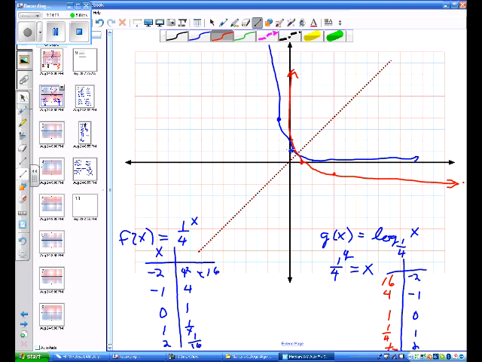In our exponential, we always cross the y-axis at 1. If our base was between 0 and 1, then we were decreasing, and if our base was greater than 1, then we were increasing. And so we had some specific characteristics.